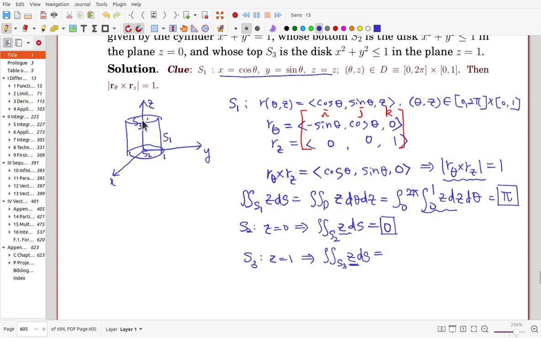This is a disk of radius 1, so pi r squared with r equal to 1, which must be pi. By summing these three quantities, we can conclude the answer is 2 pi.